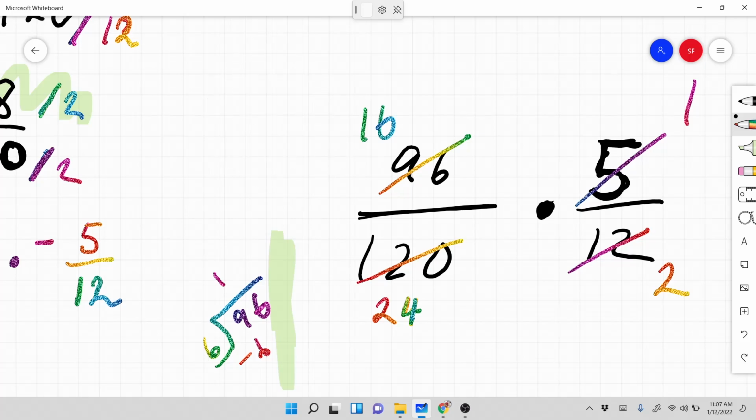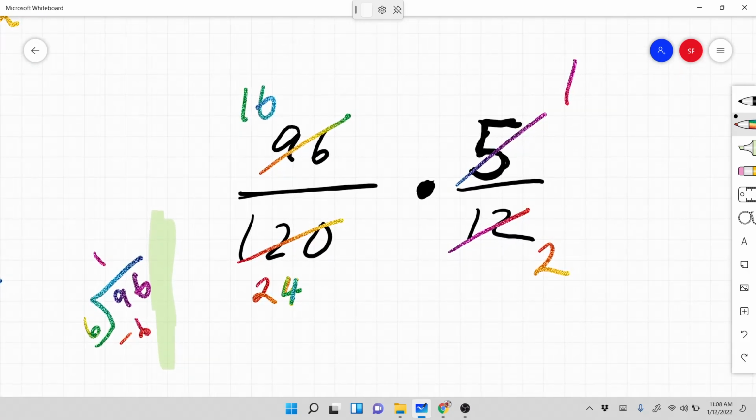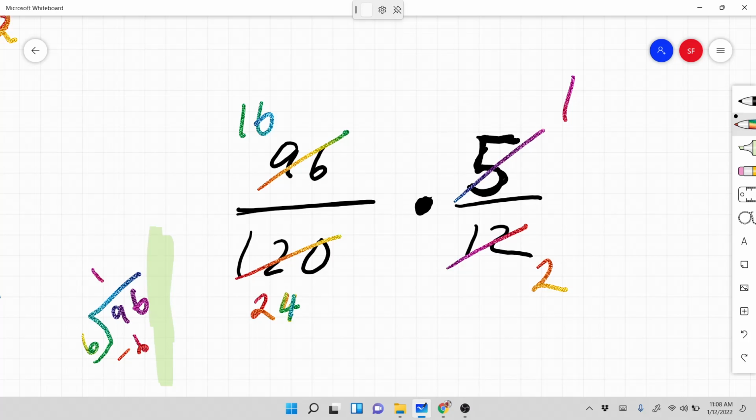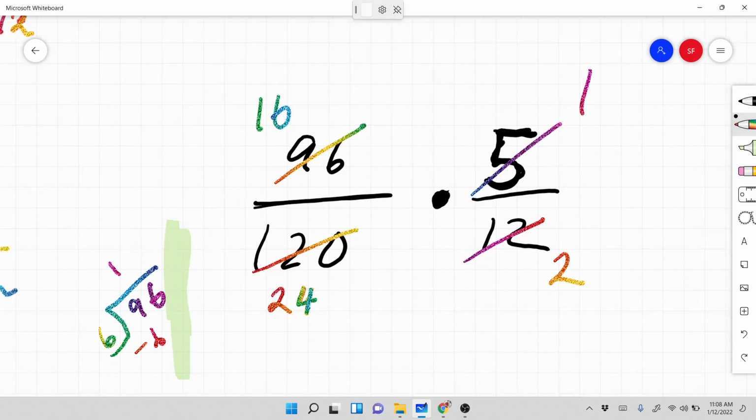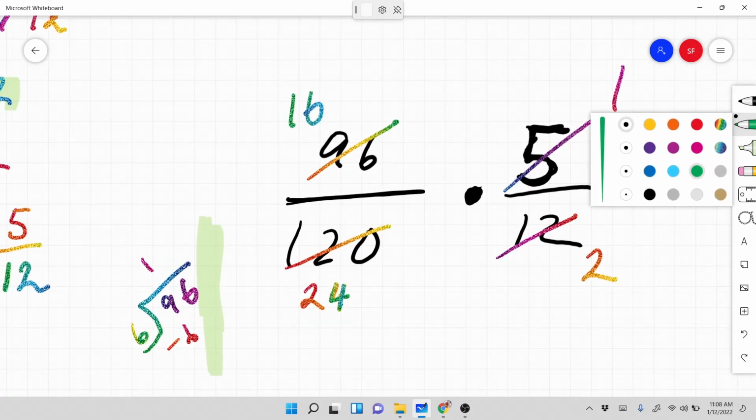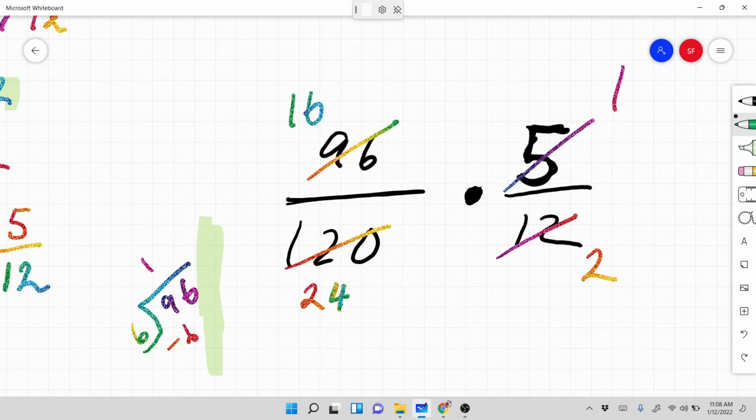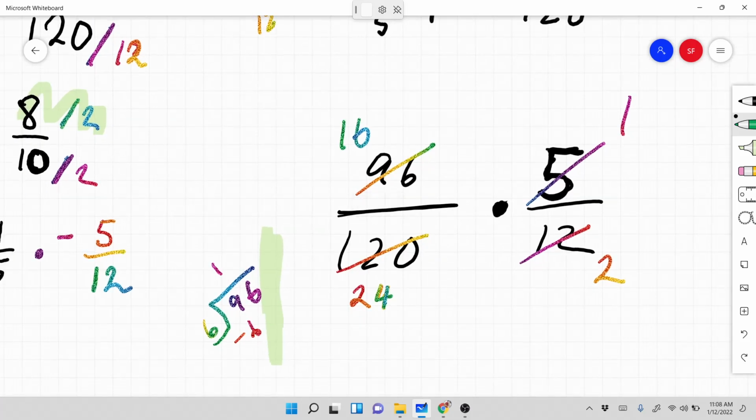But could you reduce 2 over 24? No, because it has to be something on the top and something on the bottom. That's a good question. 16 and 24, sure, absolutely. What goes into 16 and 24? 6 doesn't go into 16. 8 does.